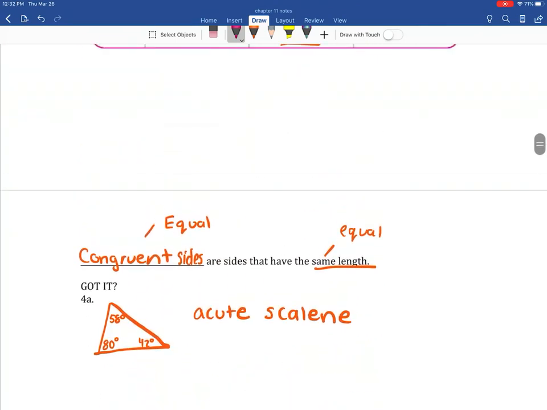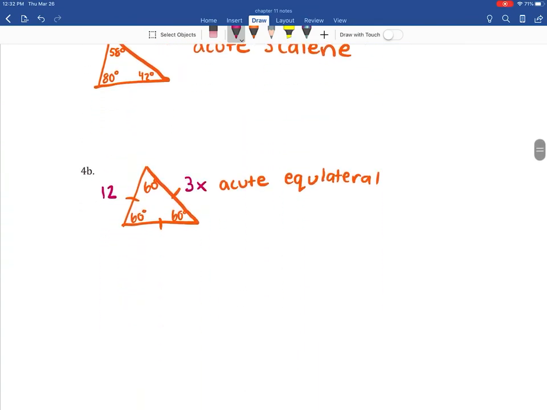Well, based off of this information up here, it says congruent sides are sides that have the same length. And I notice that there's a congruent mark on each of these. I could say 12 equals 3x because they're congruent. I know they're going to have the same length. And I could solve for x. I could figure out that dividing both sides by 3, my x equals 4.